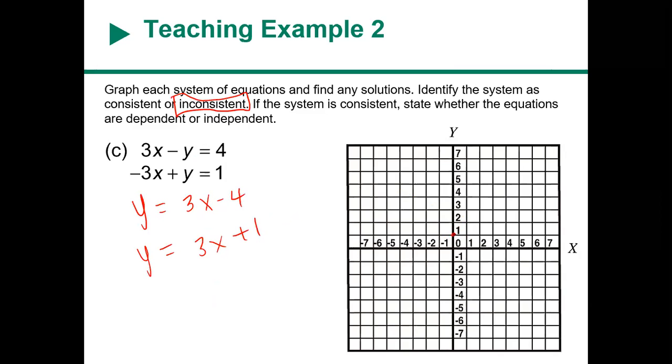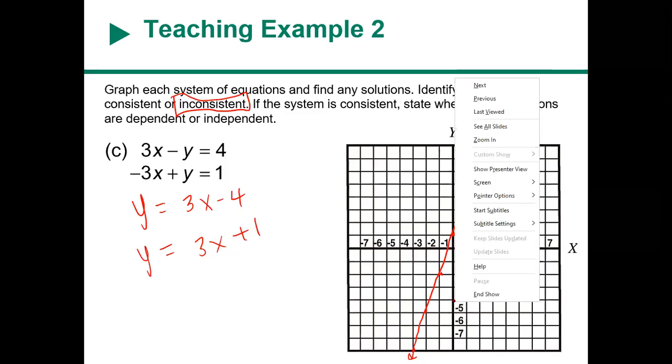And so I have one here at 1, and its slope is up 3 over 1, up 3, down 3. I like making sound effects, helps me stay focused on it. And then the other one is 3x minus 4. So it's down here, same slope.